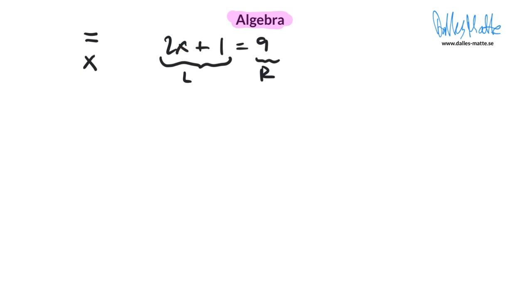Now I'm going to go through a method called the balance method, which you can always use when you're solving equations. But first, we need to have the knowledge about opposites of arithmetic, or addition and subtraction.